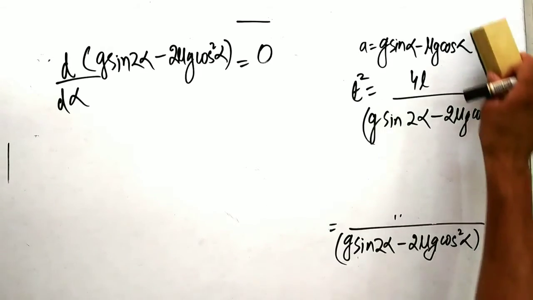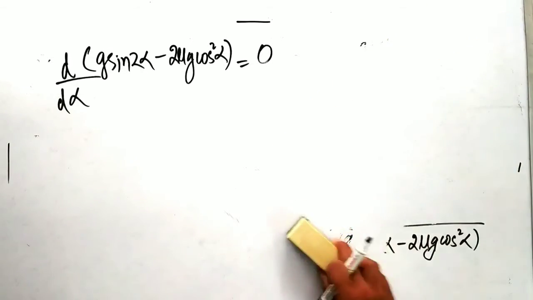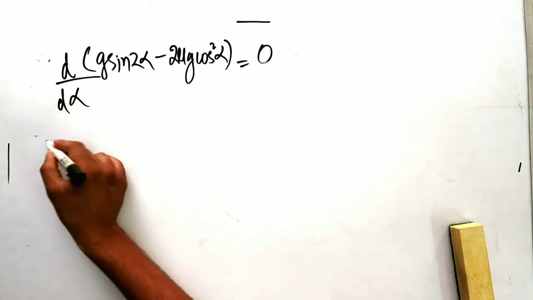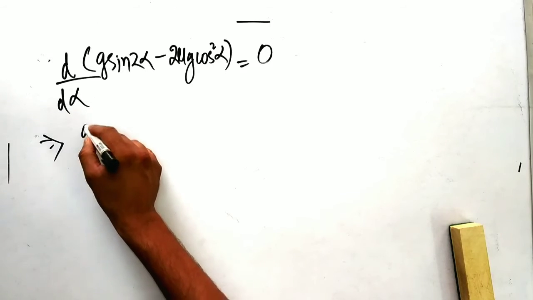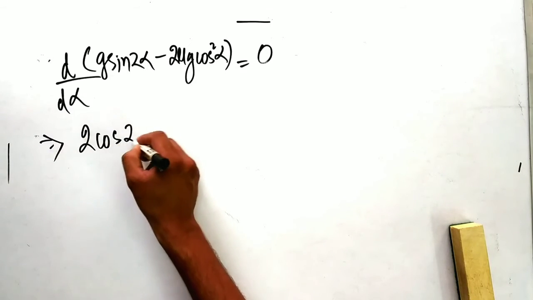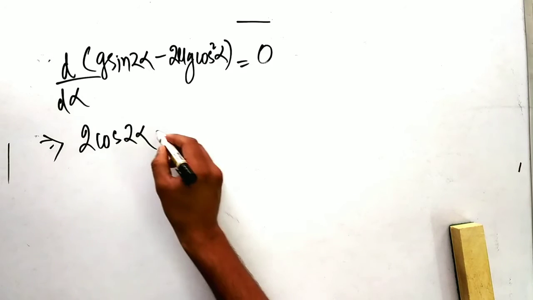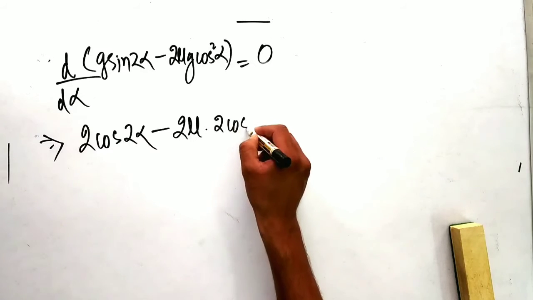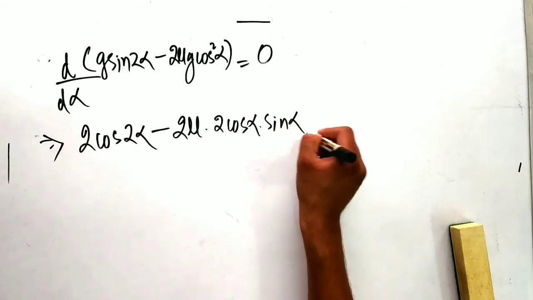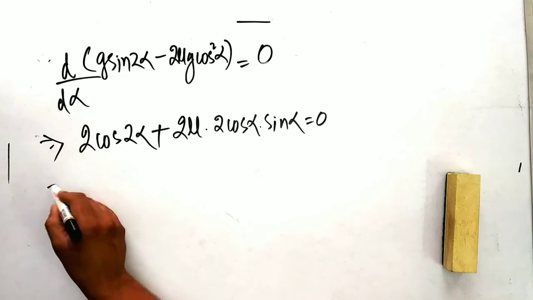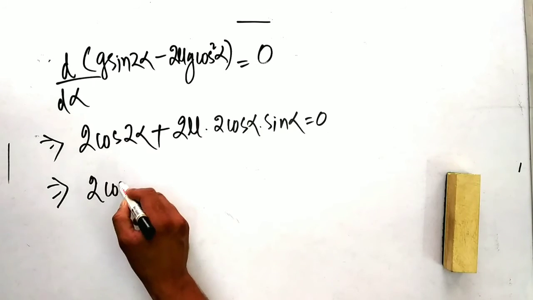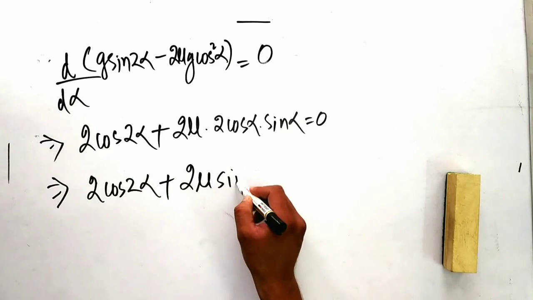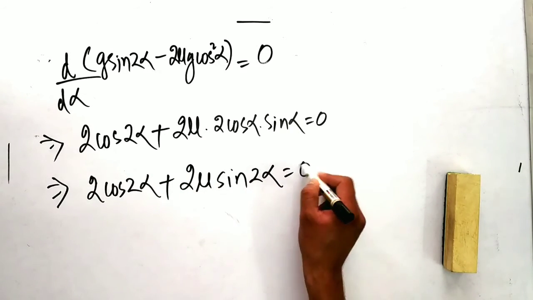Now this brings us to 2 cos 2 alpha minus 2 mu times 2 cos alpha sin alpha equal to 0. This implies that 2 cos 2 alpha minus 2 mu sin 2 alpha equal to 0.